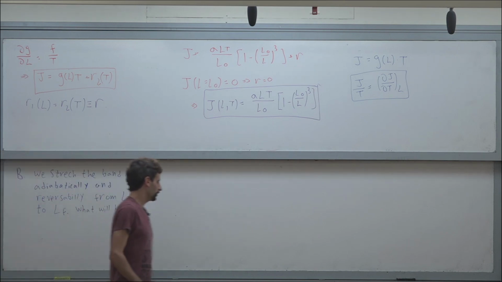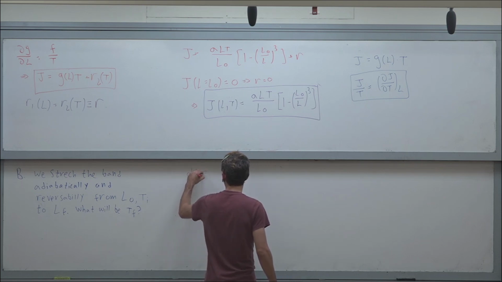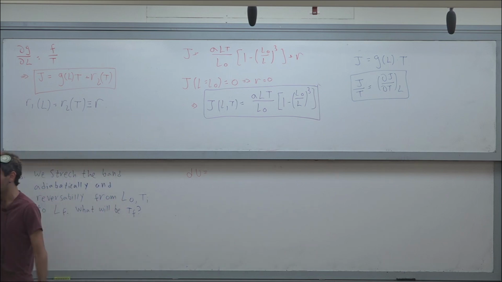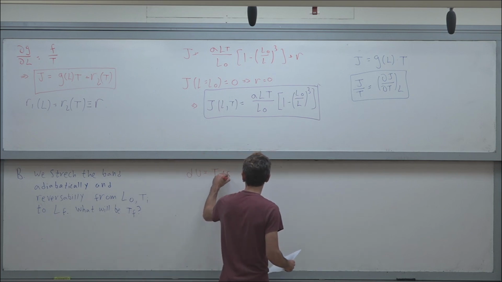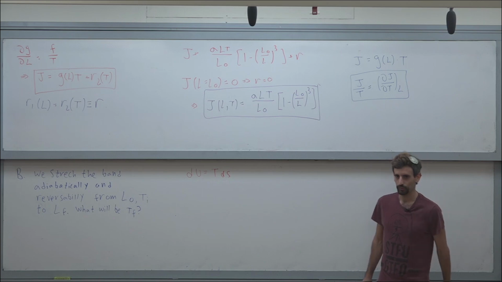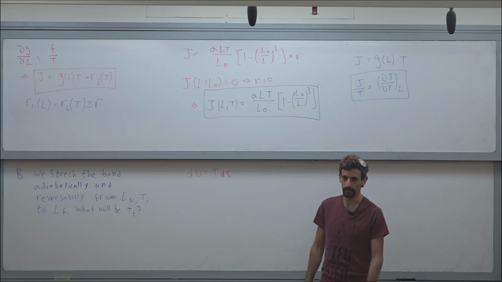Okay, so first of all, we write the equation of state, or the law of thermodynamics. If we are in a general thermodynamic process, we know dU is equal to TdS. And if work is done on the system, we need to add PdV, which is the pressure times the infinitesimal volume.